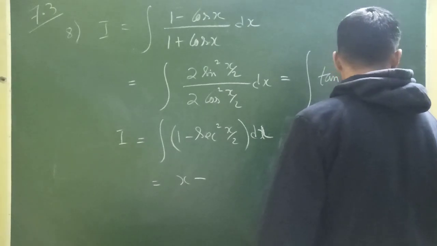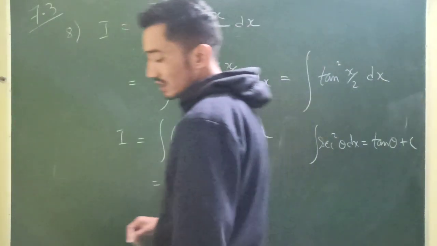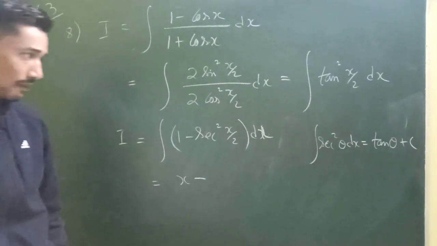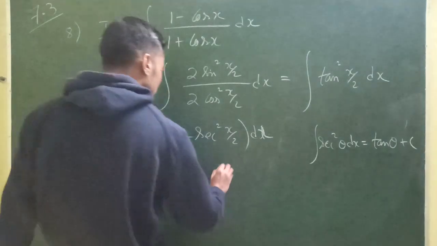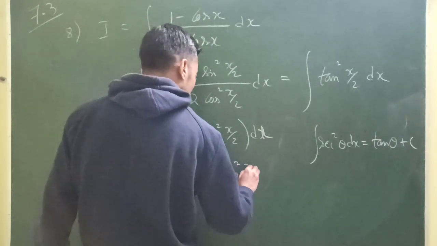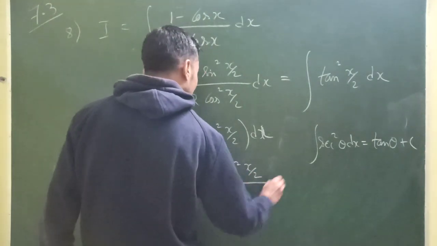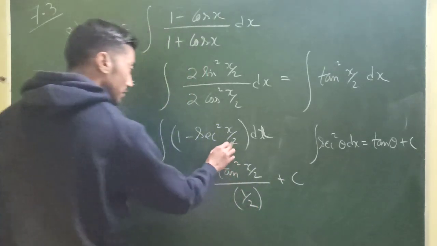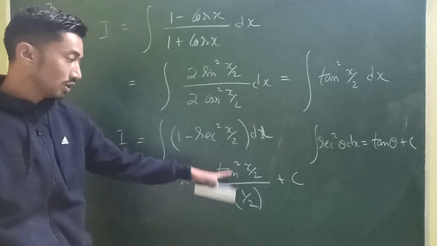I think that was tan theta plus c, isn't it? You can just kindly check once. I guess that was it. Yes. So that will be tan theta divided by, what did I say? 1 by 2. Coefficient of x. Coefficient of x is 1 by 2, isn't it?